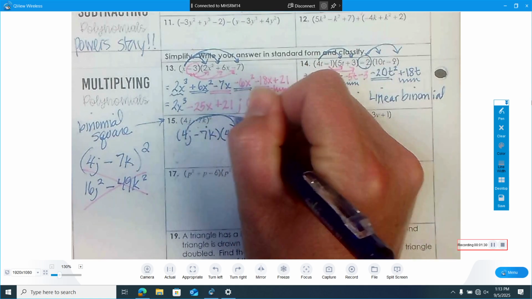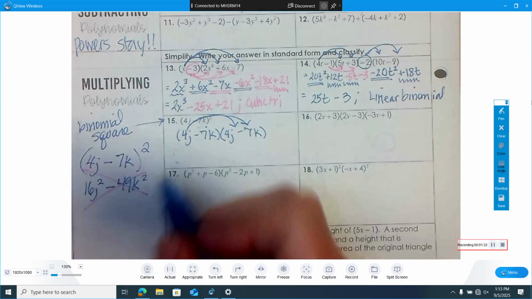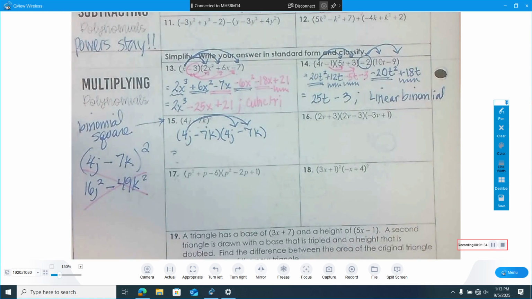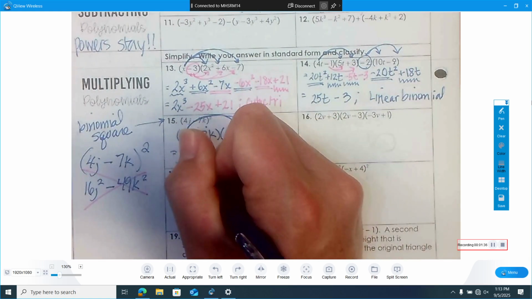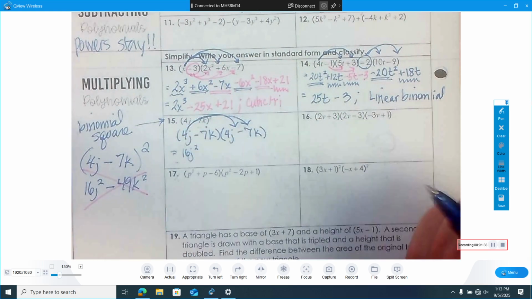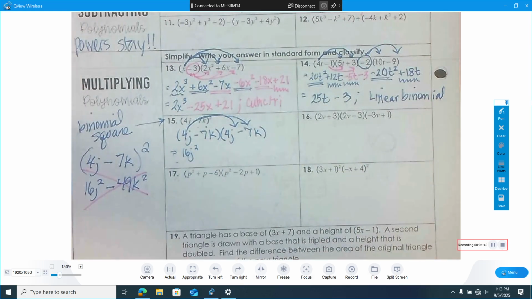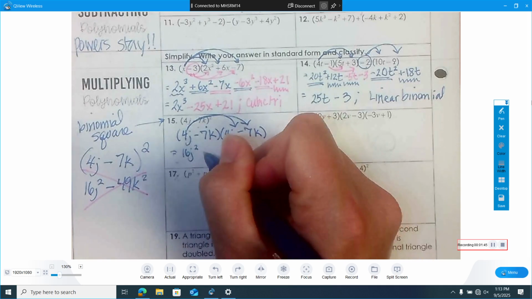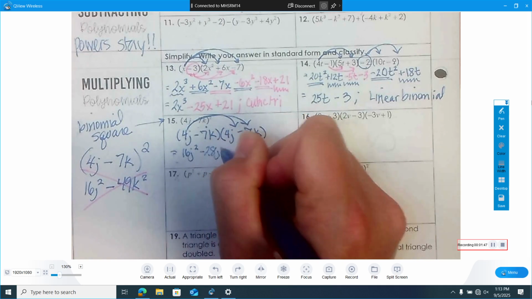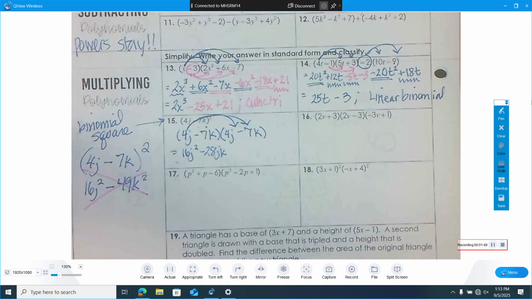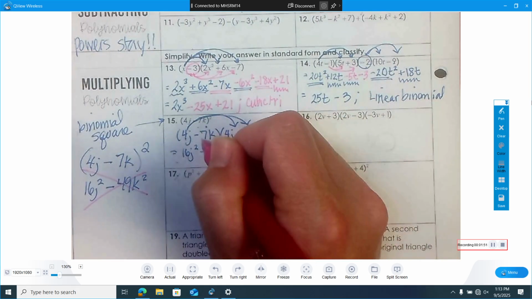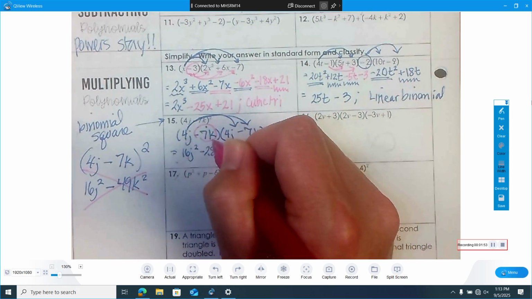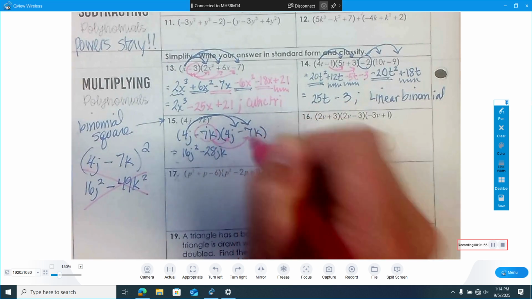times first. The outer. So we get 4j times 4j, which is 16j squared. Good. And then 4j times negative 7k, negative 28jk. And then we also have to distribute that negative 7k.